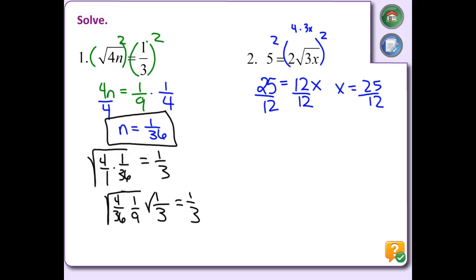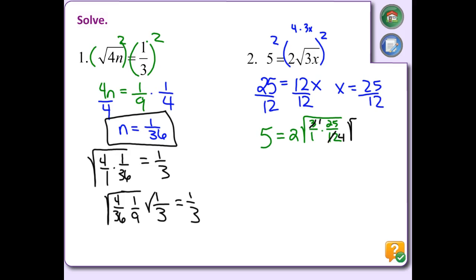All right, now we got to check. So I'm going to have 5 equals 2 root, and we've got 3 over 1 times 25 over 12. Well, hopefully you notice that my fractions are all in the house, so we can cross cancel.